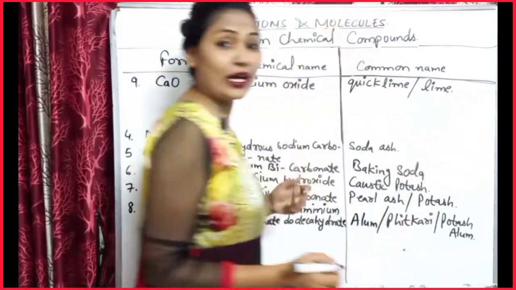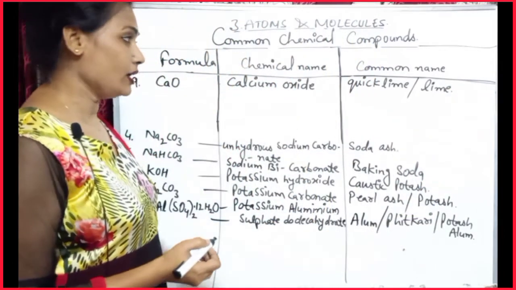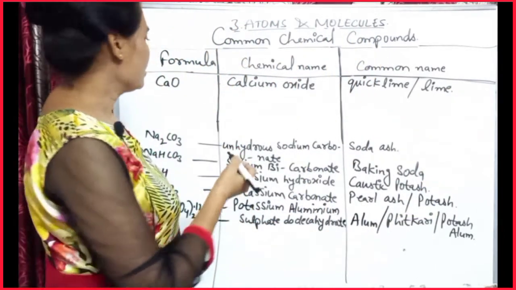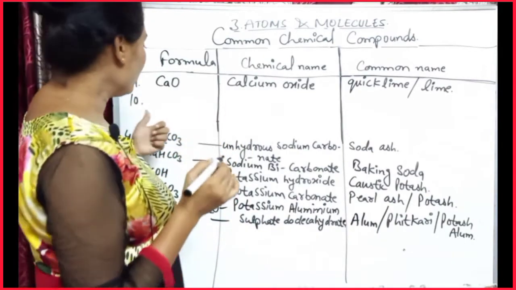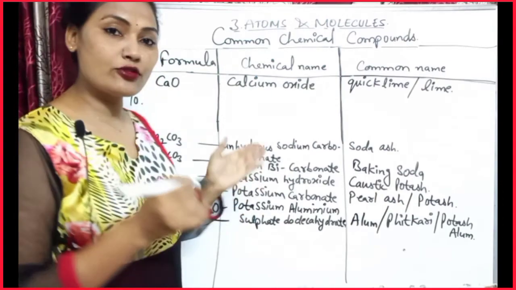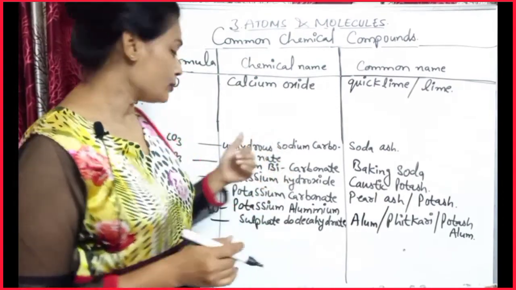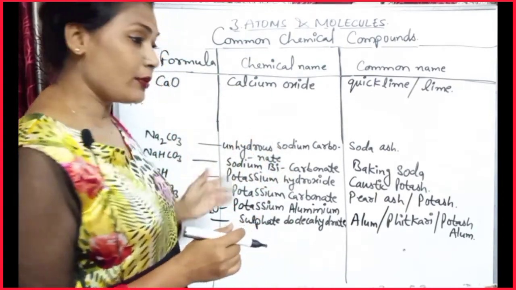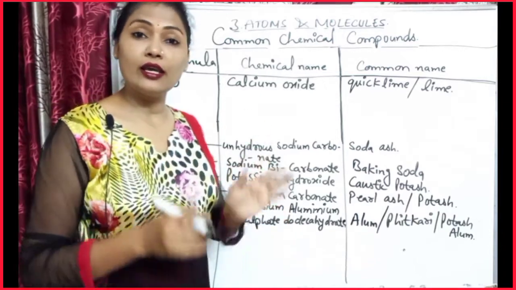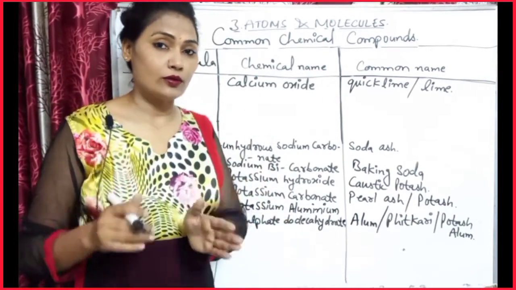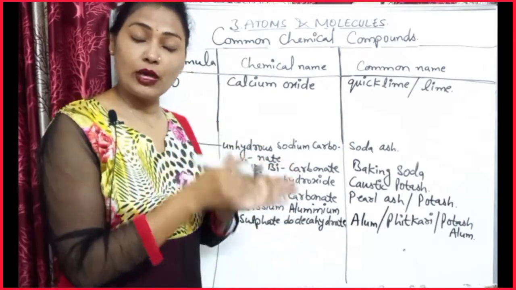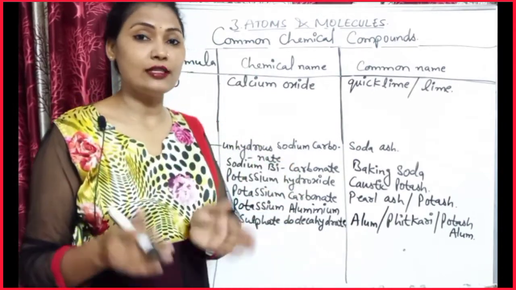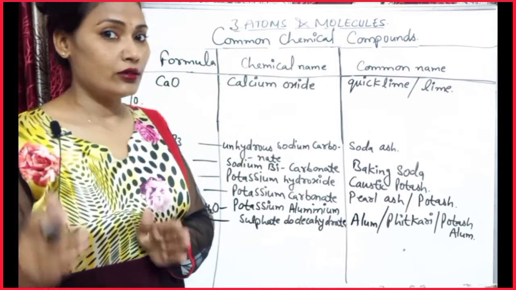So lime and quicklime are the common names for CaO. Do you know these oxides or carbonates or hydroxides belong to metals? If they belong to metals, then every time they are basic in nature. Maybe oxides, maybe hydroxides, these are basic in nature.